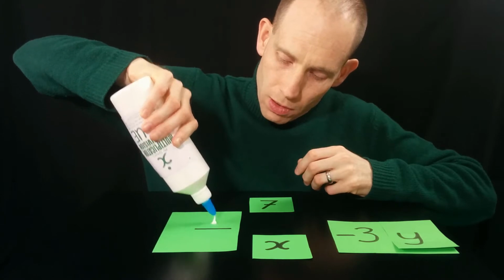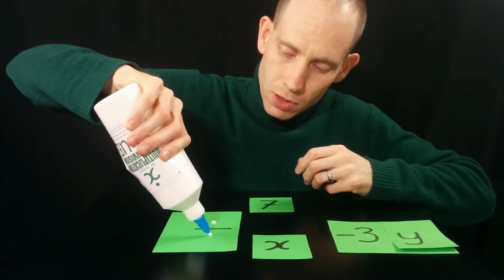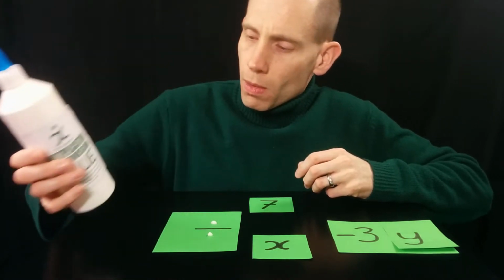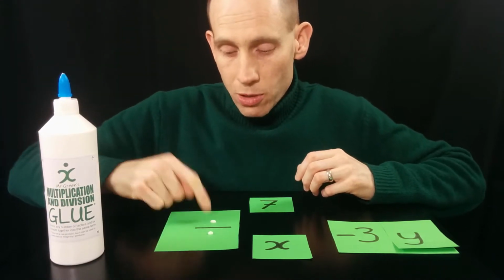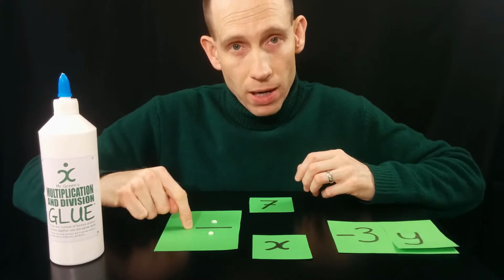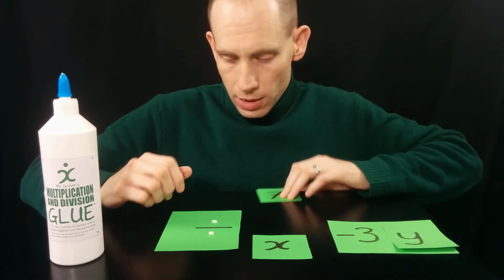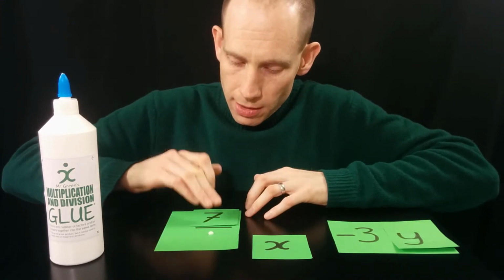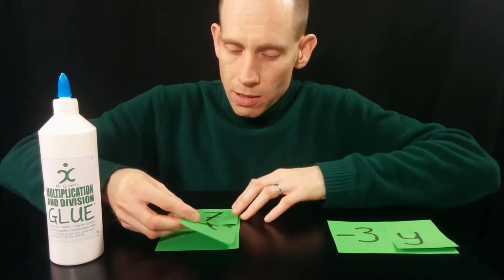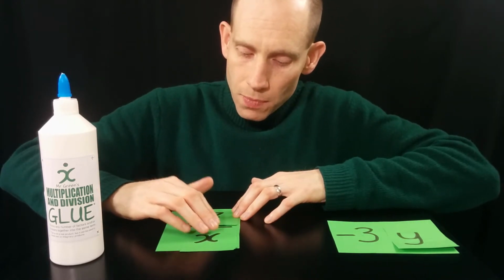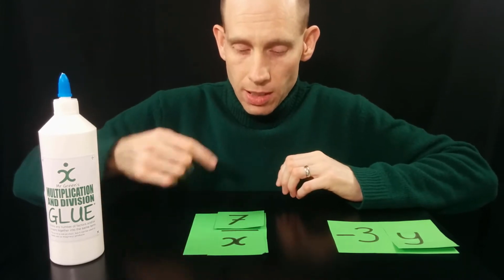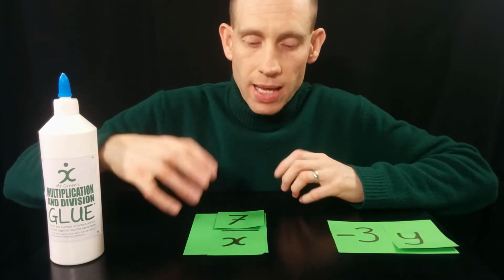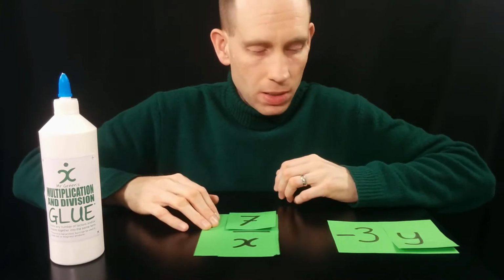So I'm going to use the glue here to make a division symbol. So this is my numerator, this is my denominator, there's my fraction line. It looks like a fraction. I'm going to stick my numerator on the top and the denominator on the bottom. And then I've got two things glued together into the same term. 7 divided by x. 7 and the x are stuck together into that same term.